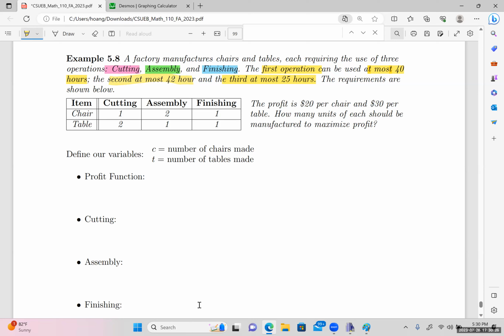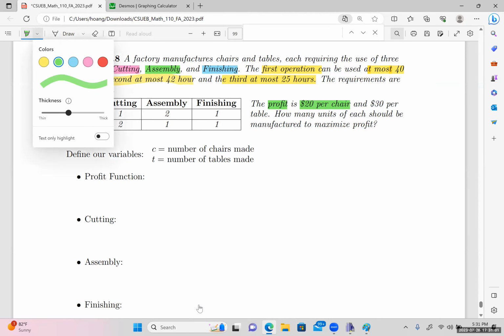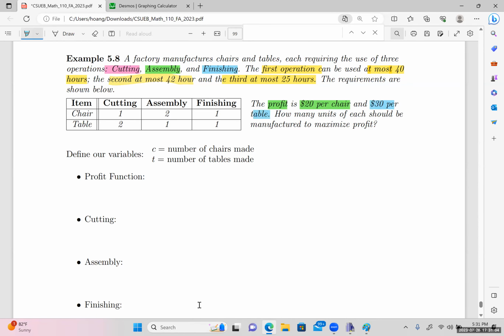Okay, so we have 2 items, chairs and tables. Cutting for a chair needs 1 hour, table 2 hours, something like that, right? Assembly is 2 hours for a chair and 1 hour for a table. Finishing is 1 hour for a chair and 1 hour for a table. Now we have a profit of $20 per chair and $30 per table.